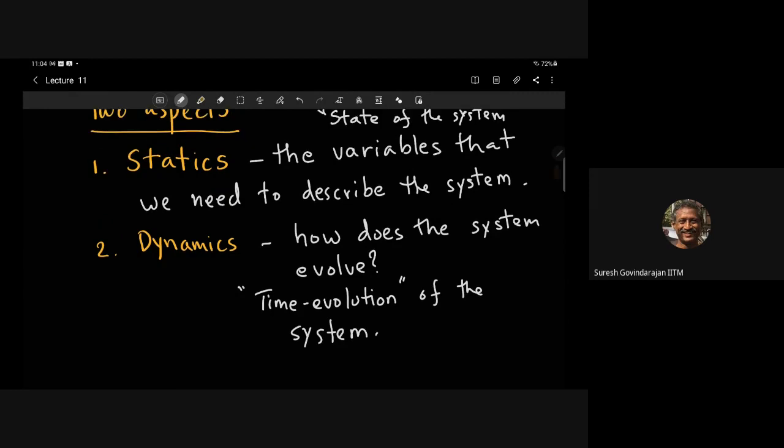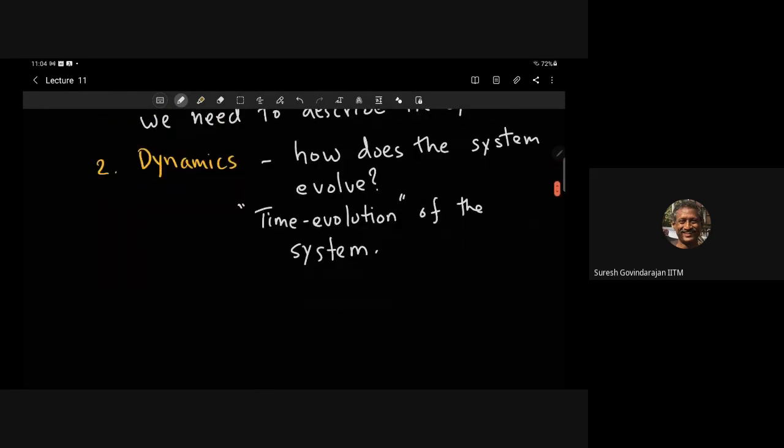This is what we would like to do, and so let's start with statics.